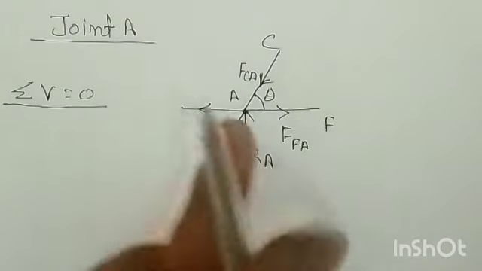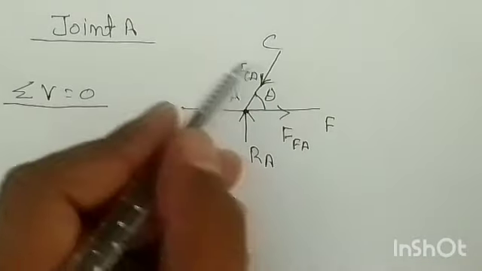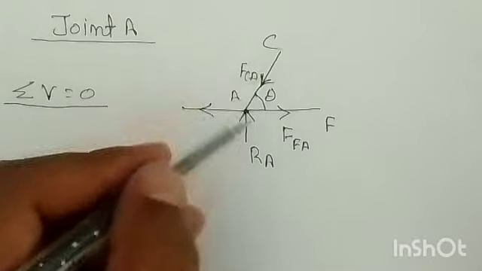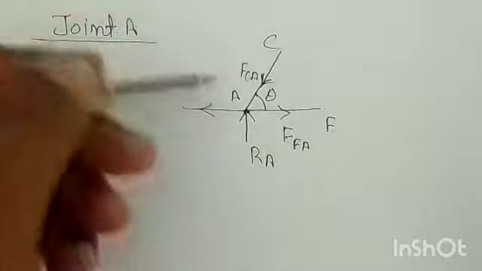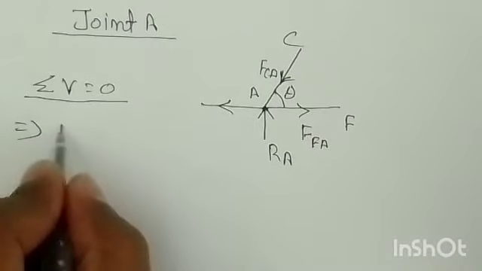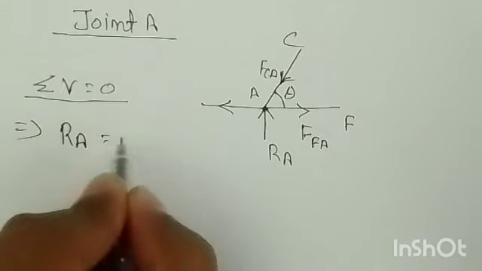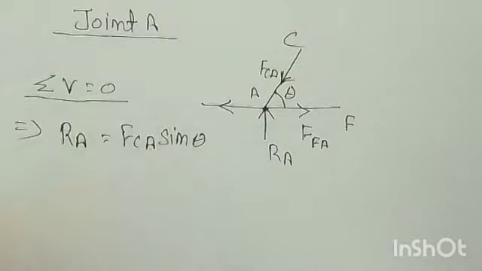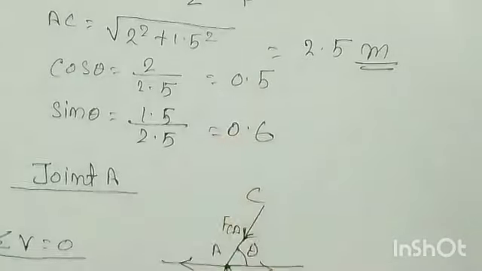This vertical reaction which is acting upward, it will be positive, and this inclined force whose vertical component we need to take. So vertical component for this FCA is what? FCA sin theta, right? So it will be balanced. So you can say RA is equal to FCA sin theta, and the sin theta value you already got, that is 0.6.